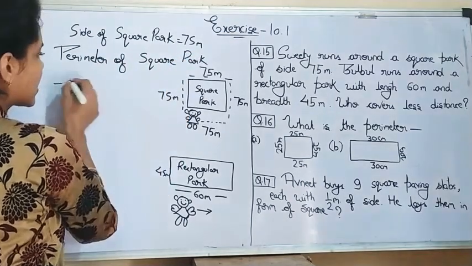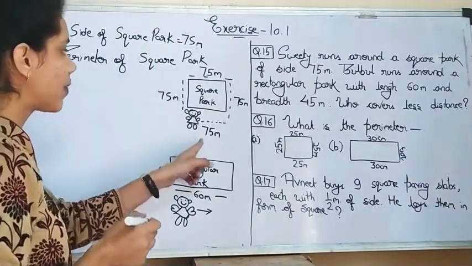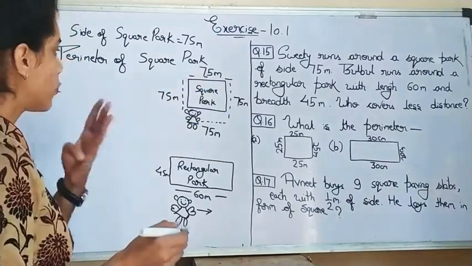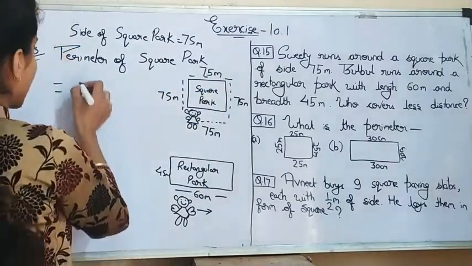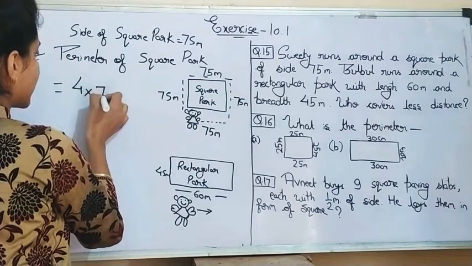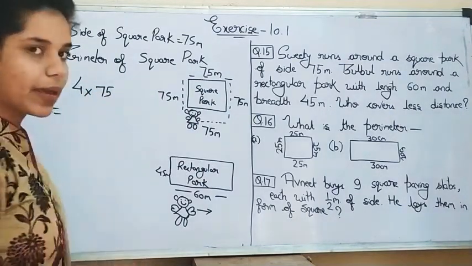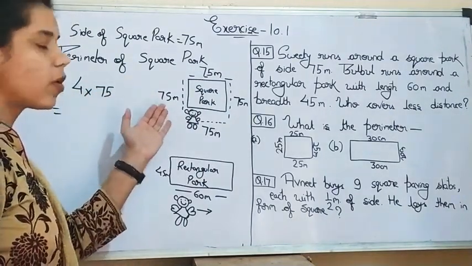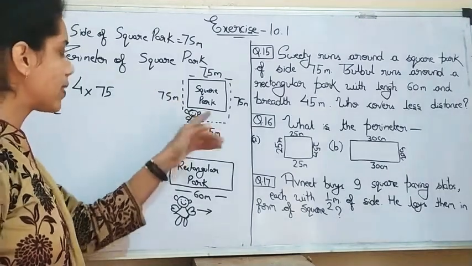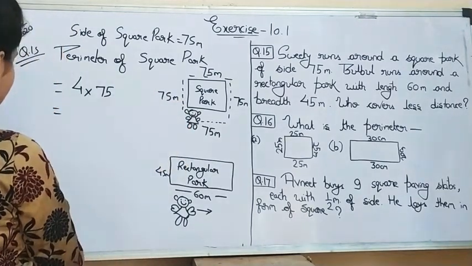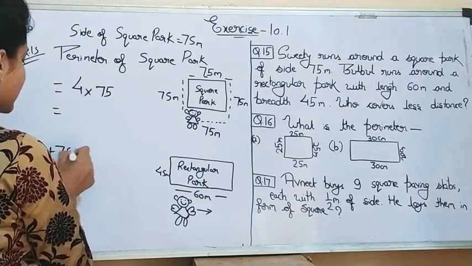Perimeter of the square park will be the length of the boundary. So you sum this 75 four times, which you can write as 4 times 75, or 75 plus 75 plus 75 plus 75.